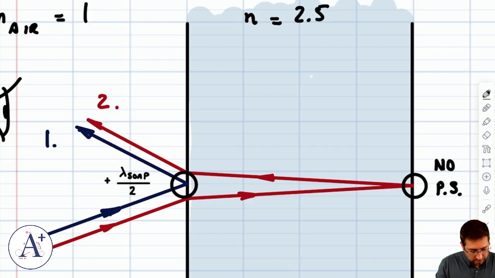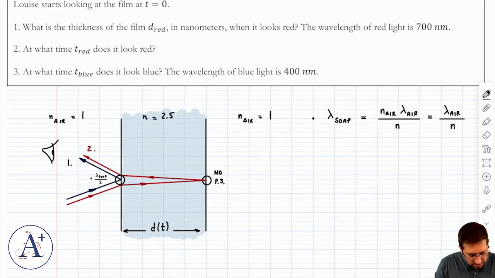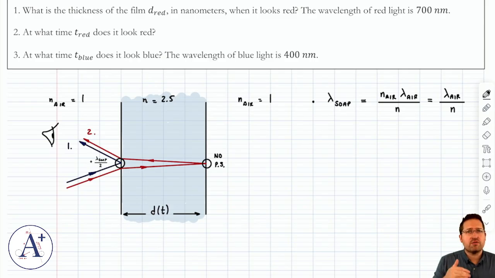Speaking of which, by the way, there is never a phase shift upon refraction. So when light enters here and exits here, there is no phase shift. It's not a thing. Phase shift only occurs sometimes upon reflection on the condition that you reflect off of a medium with a higher index of refraction.